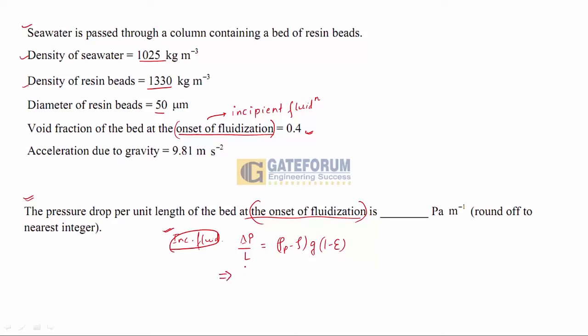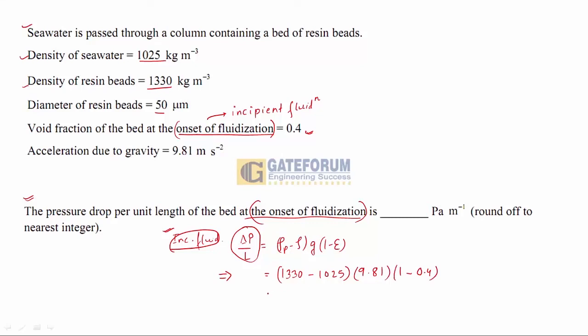So what we have to calculate is the pressure drop per unit length of the bed. This is equal to rho P, the density of the particles, which is given as 1330, minus rho, the density of the fluid. Our fluid is seawater, so it's 1025. g we are to use 9.81. Then 1 minus, what is the void fraction at incipient fluidization? 0.4.